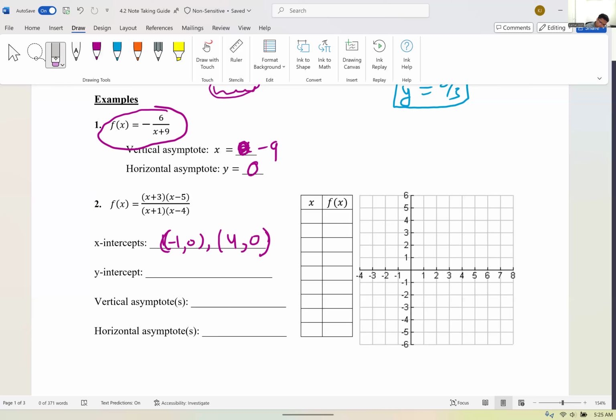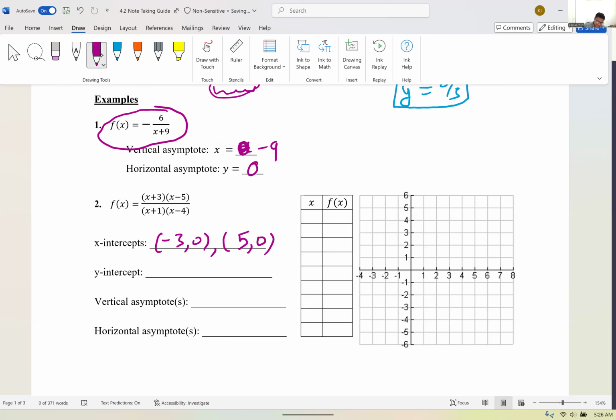I should write on the numerator 0, not denominator. The x-intercepts are when the function becomes 0. So minus 3, 0 and 5, 0.